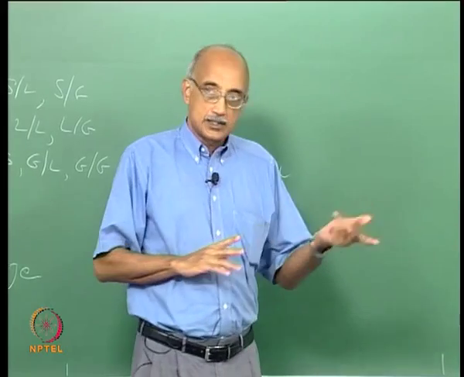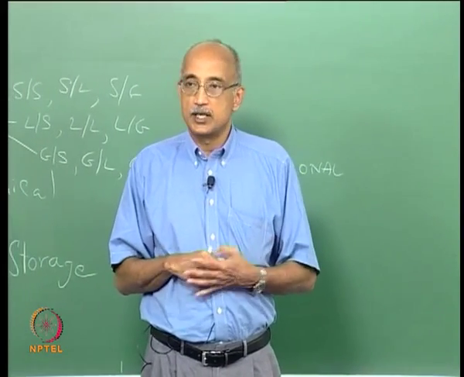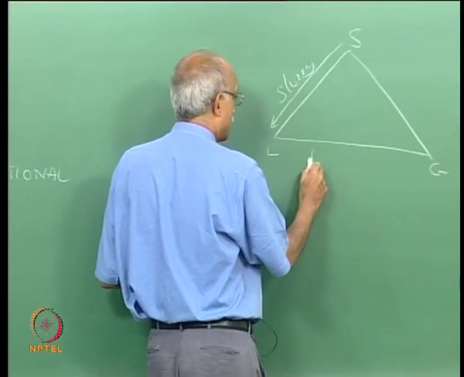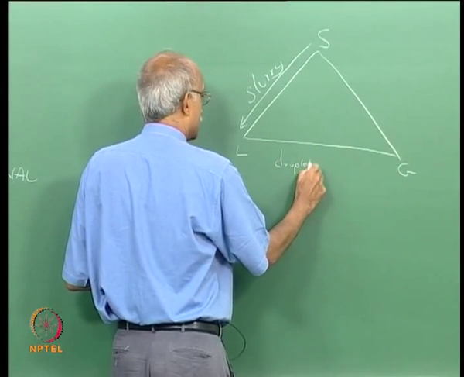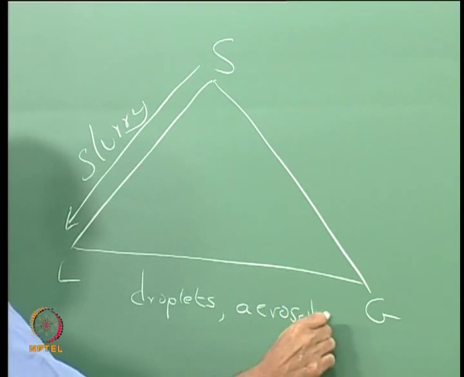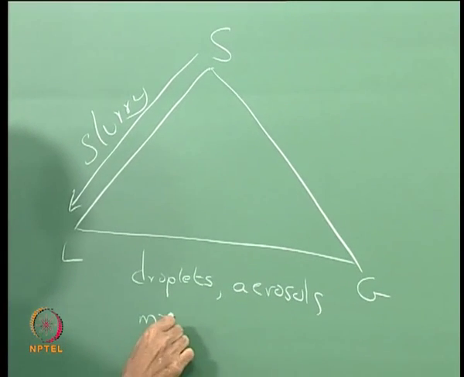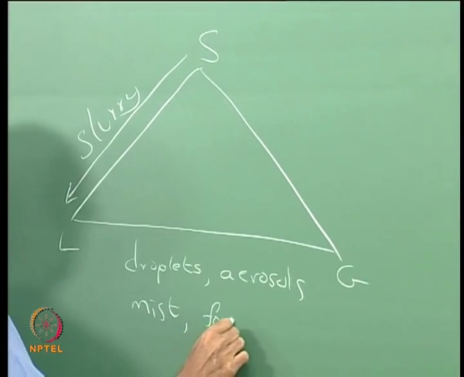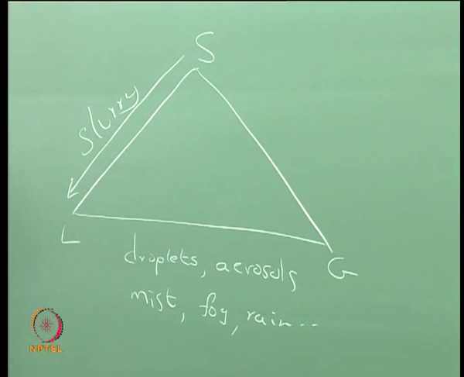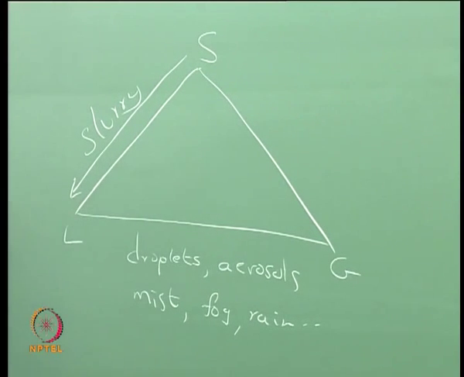How about liquids and gases? Sure, I mean many examples you can think of, droplets of all kinds, aerosols, even things like mist, fog, rain, smog, all of these represent liquid droplets that are suspended in a gas.